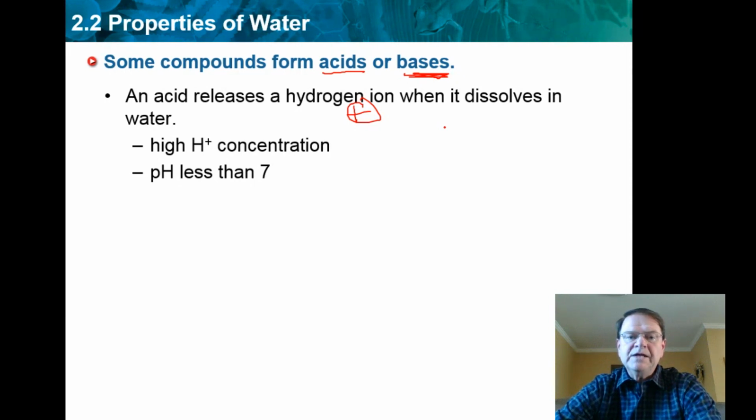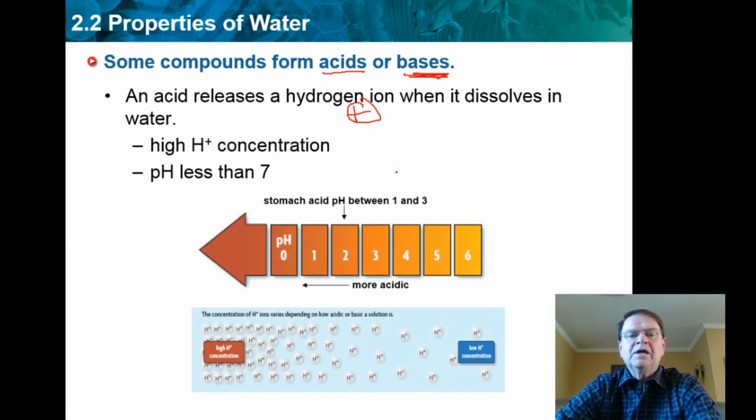When we look at the pH scale, that means the number is going to drop. pH measures the hydrogen ion concentration in a strange sort of way. We won't go into the math in this podcast, but the more acidic something is, the stronger of an acid it is.